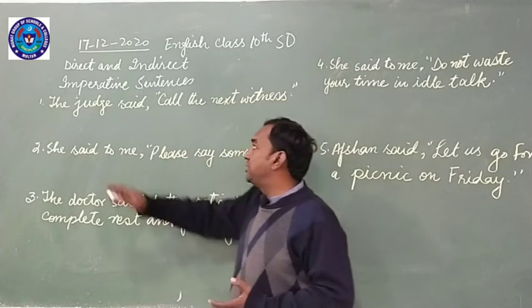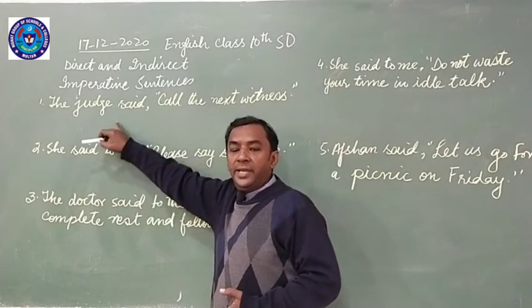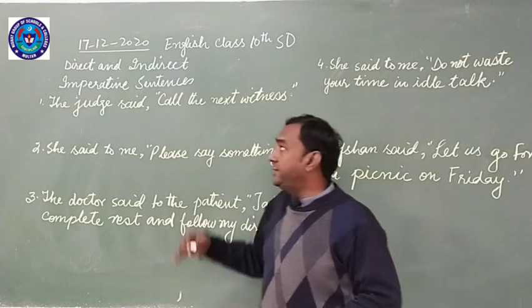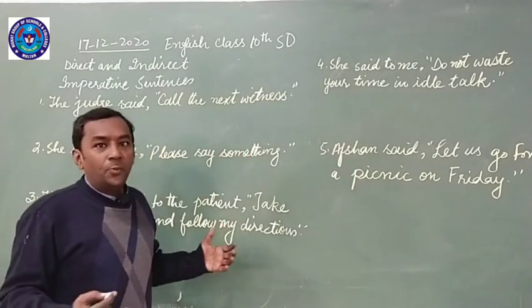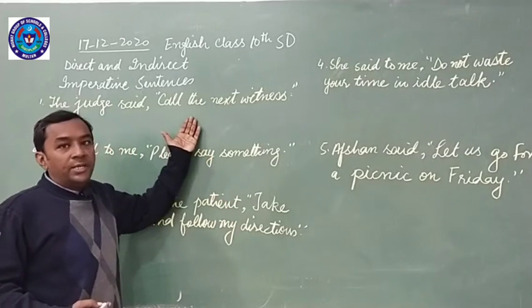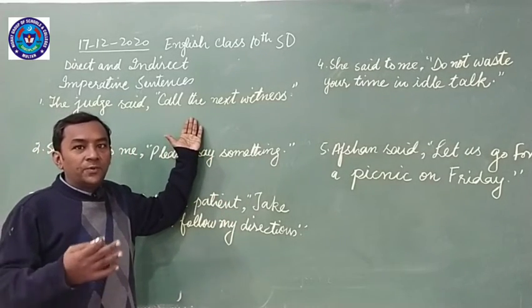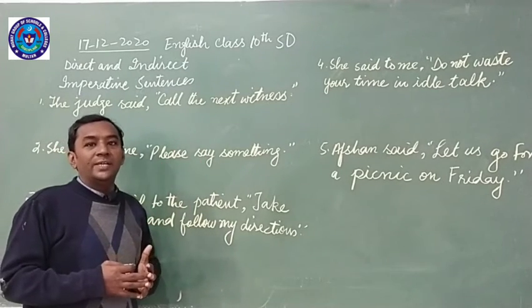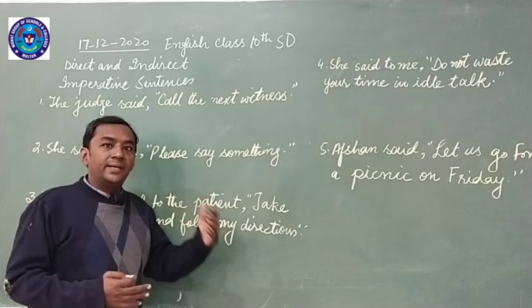We have identified which sentence this is and what kind of sense it gives. So we will change the reporting verb according to the sense of the reported speech. So let's see how we are going to change. Another point is that when we change an imperative sentence from direct into indirect, we remove the inverted commas of the direct sentence.